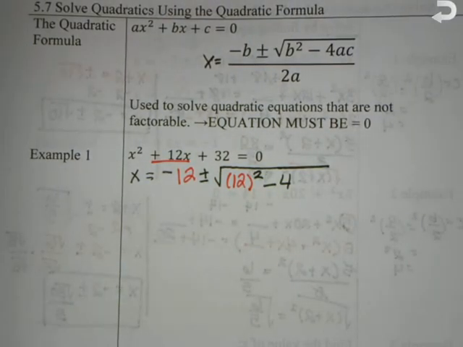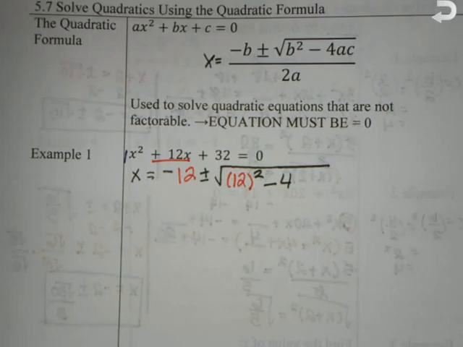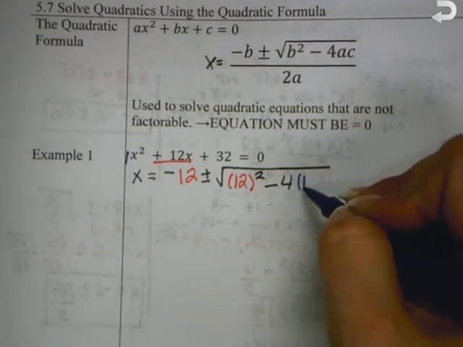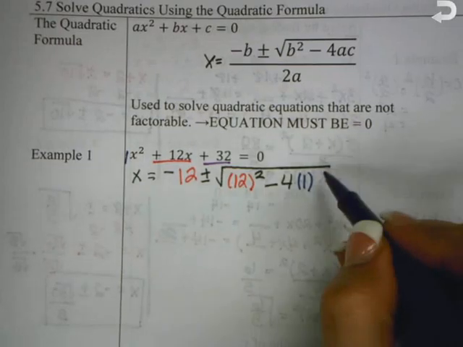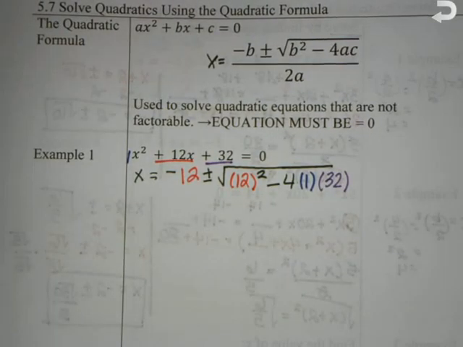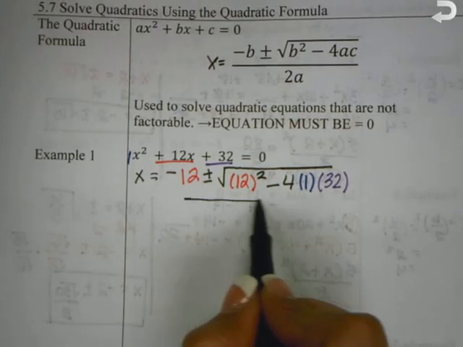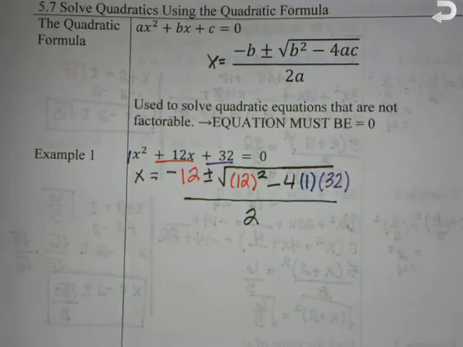What is a? A is 1. There's nothing in front of the x squared, so it's 1. And c is positive 32, so times 32. All over 2 times what? What's a? 1.